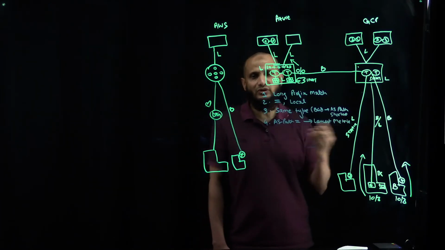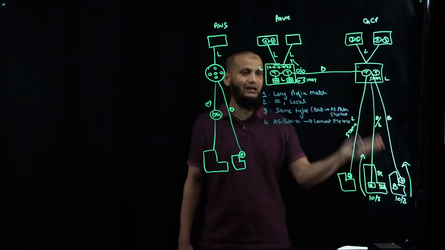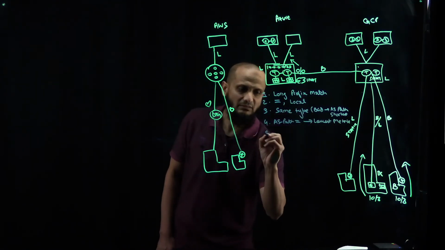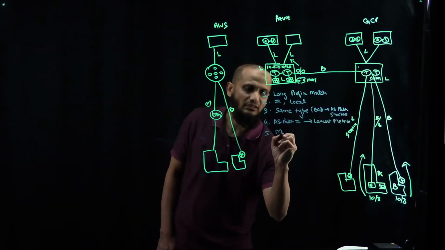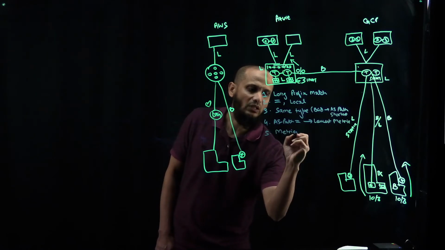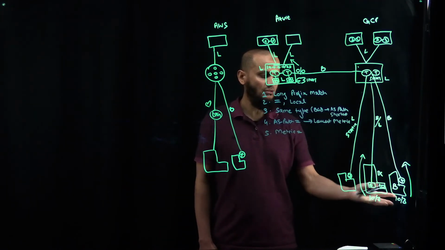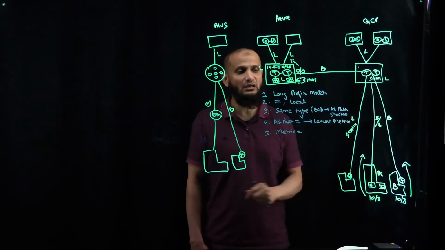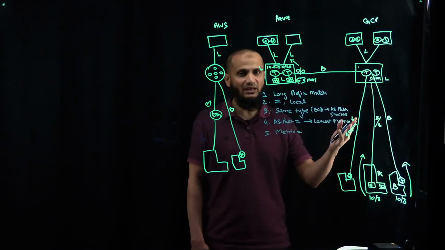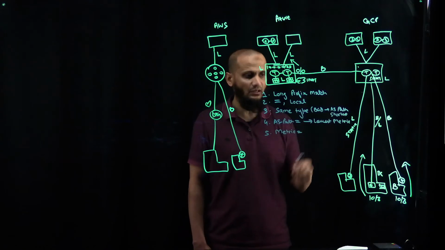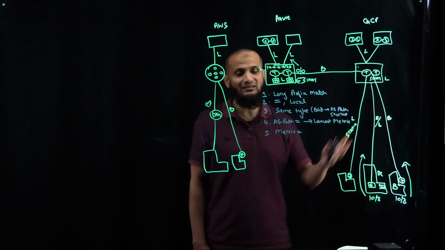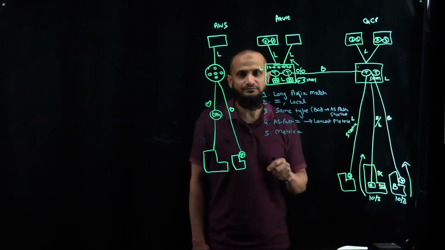Okay, so what is going to happen if the metric is also the same, or equal, between the two routes, like 10/8, both received using BGP, both with the same AS path length of 2, let's say, and the metric is the same? At this point, what are we going to do?